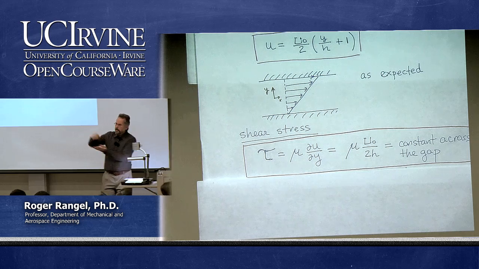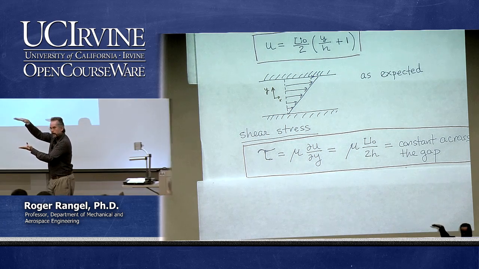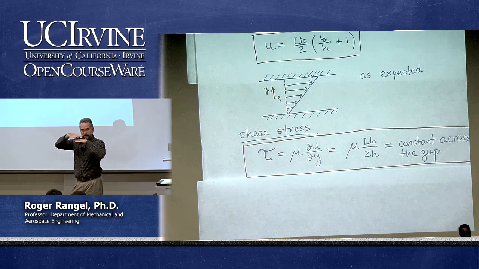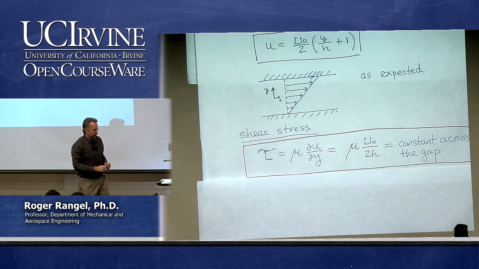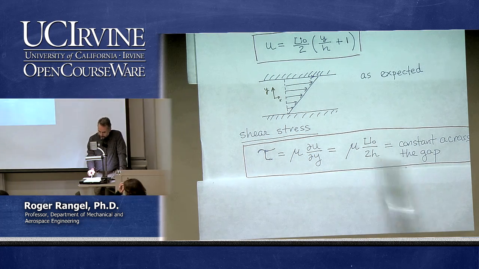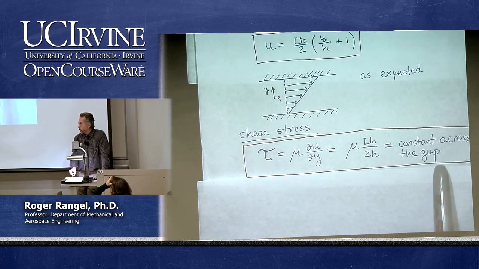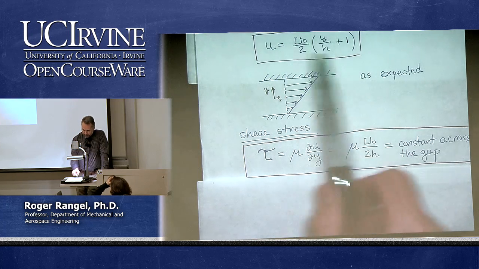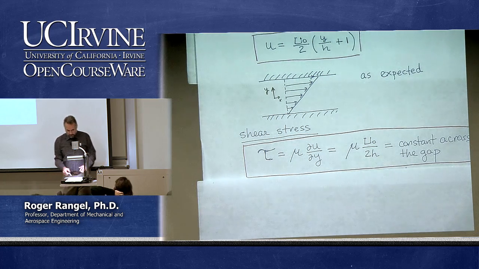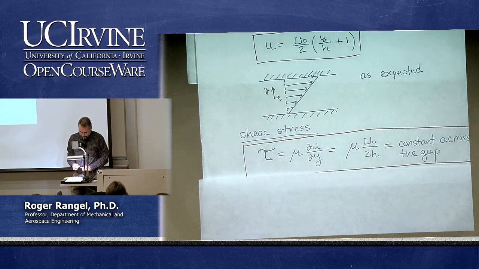If I am thinking not only of the top and bottom plates, but about the successive layers of fluid as I go from the bottom to the top, each one of those layers is exposed to the same shear stress. Doesn't matter where you are in the gap because the result came out independent of y. Obviously, the velocity was linear, so the derivative of the velocity will be a constant. So this is the same across the gap.